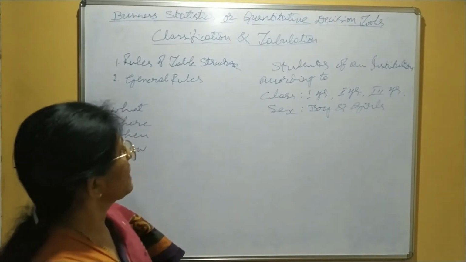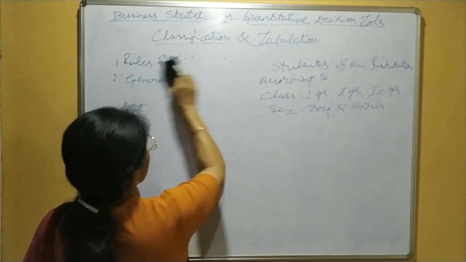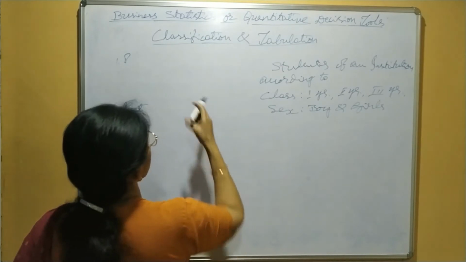If it is given like this, draft a blank table. If it is confusing, you take it fully.